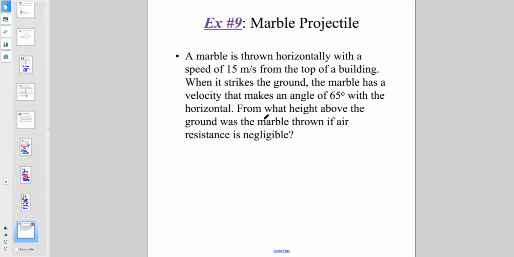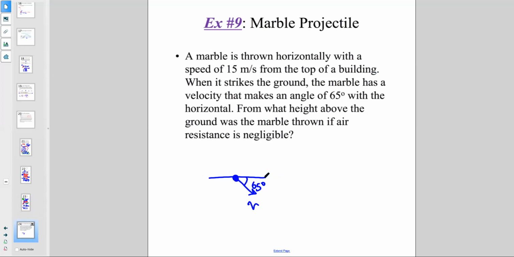So what we have is an object being thrown with 15 meters per second from the top of a building. When it strikes the ground, the marble has a velocity that makes an angle of 65 degrees with the horizontal. In other words, that's the point that is hitting the ground, making an angle of 65 degrees below.